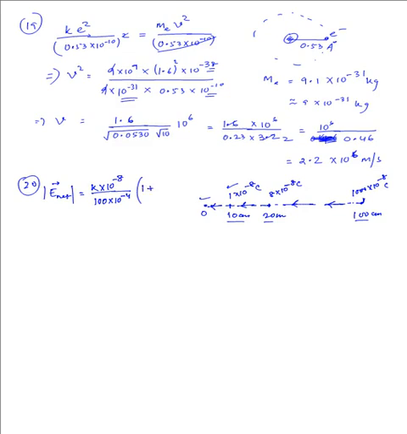Then 2 cube over the square of 2, because the 10 has been taken common over here, which is squared to give 100. So 2 cube over 2 squared is just 2. Likewise 10 cube over here, and the 10 that is there is squared for the distance, and that is going to give us just the 10.